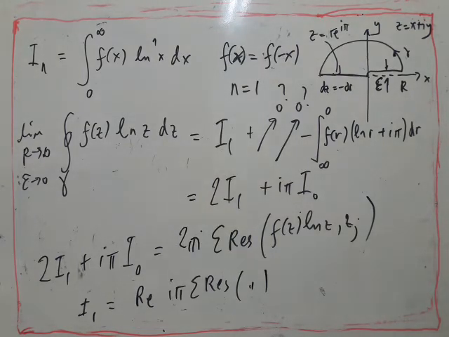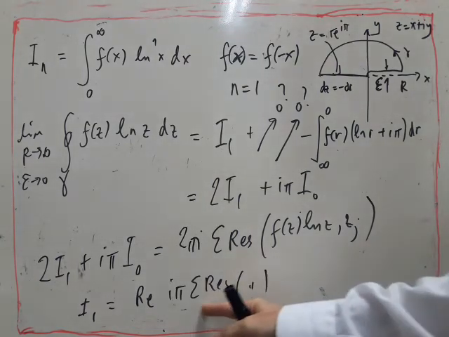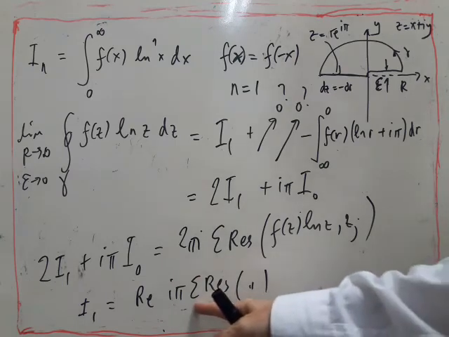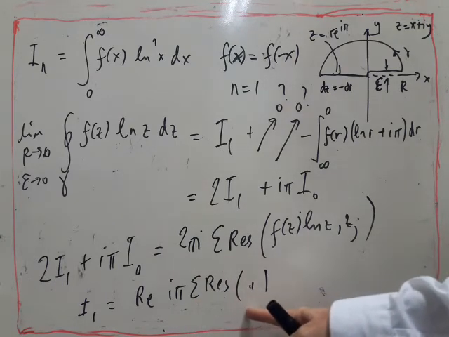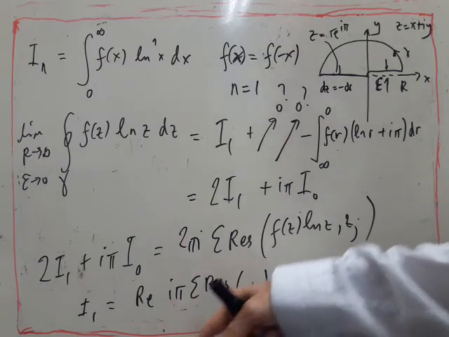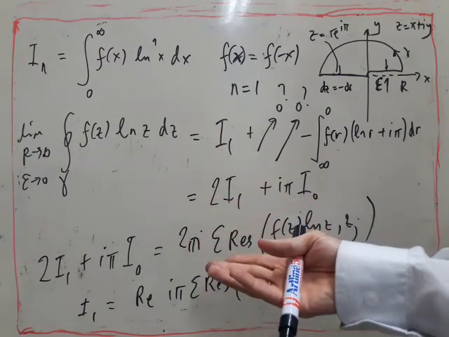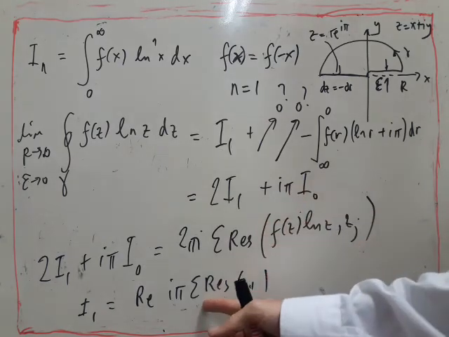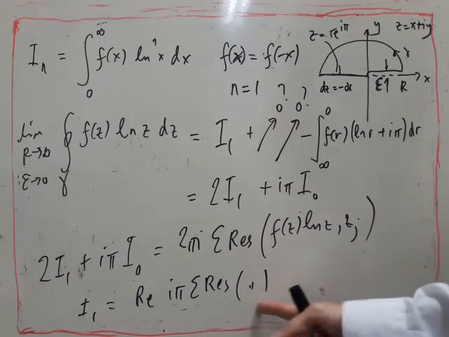Now let's think about what happens here. The sum of the residues is going to have a real part and an imaginary part. Now the real part of this, when it's multiplied by i pi, will give you an imaginary number, so we don't want that. We only want the imaginary part of the sum of the residues.